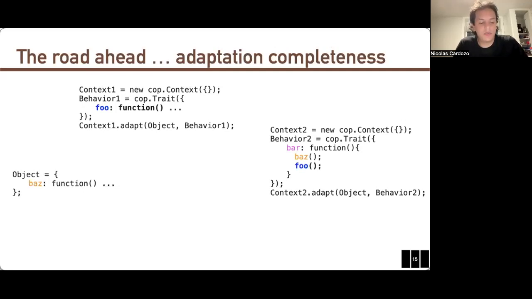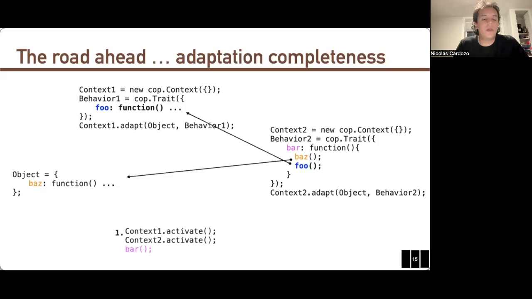So take, for example, the code here in the slide, where we have one object defining a function and two behavioral adaptations associated to that object. Here, if we have, for example, a situation in which we activate context 1 and context 2 and call the bar function on the behavioral adaptation in context 2, then we know that this adaptation is going to finish because the method is calling the base method from the base behavior and the foo method from the context 1 behavior, right?